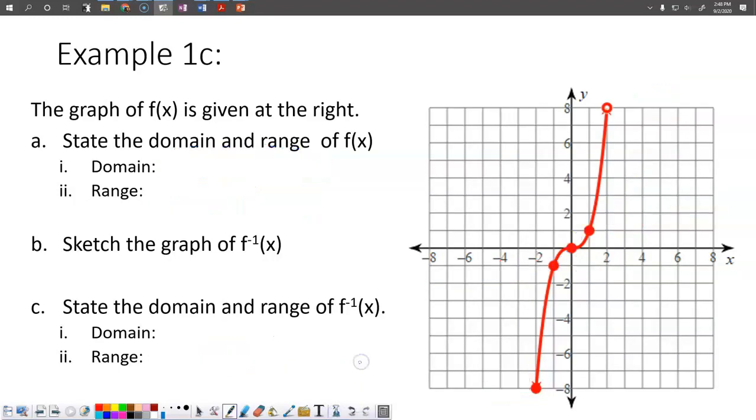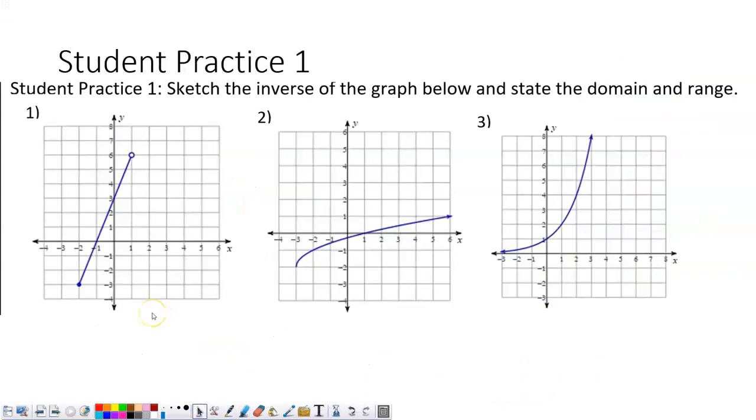All right, guys, so here's some for you. I would like you to do the same things that I just did. For each one of these, I would like you to state the domain and range of f. And then I would like you to sketch the inverse.